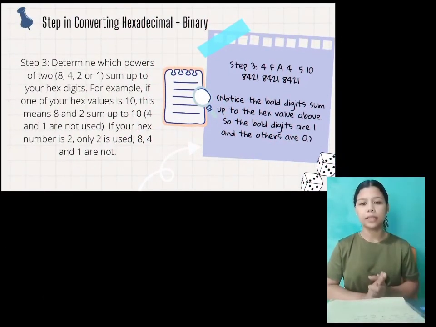Step 3. Determine which powers of 2, 8, 4, 2, or 1 sum up to your hex digit. For example, if one of your hex values is 10, this means 8 and 2 sum up to 10, and 4 and 1 are not used. If your hex number is 2, only 2 is used, and 8, 4 and 1 are not.